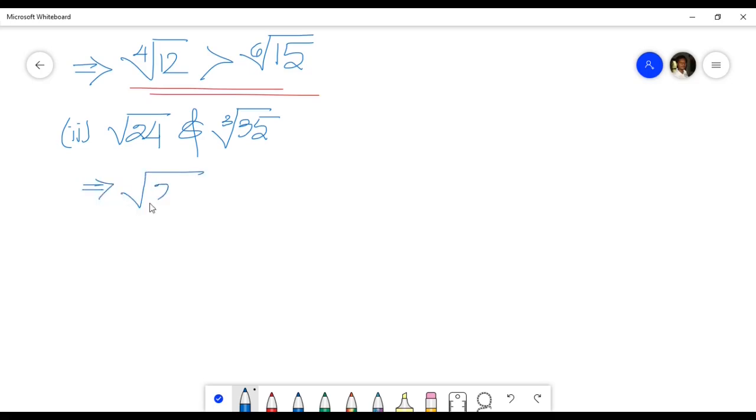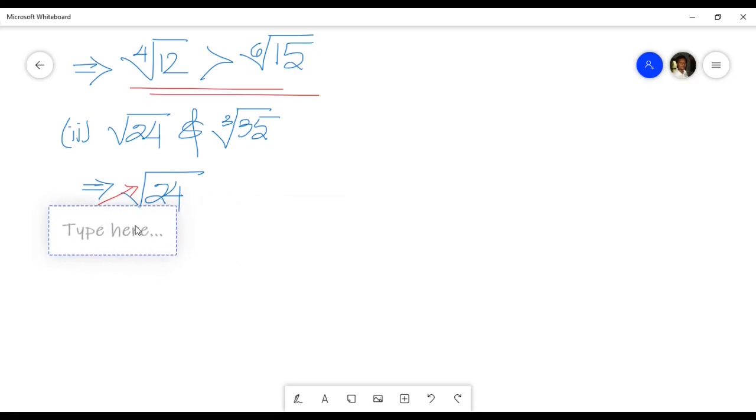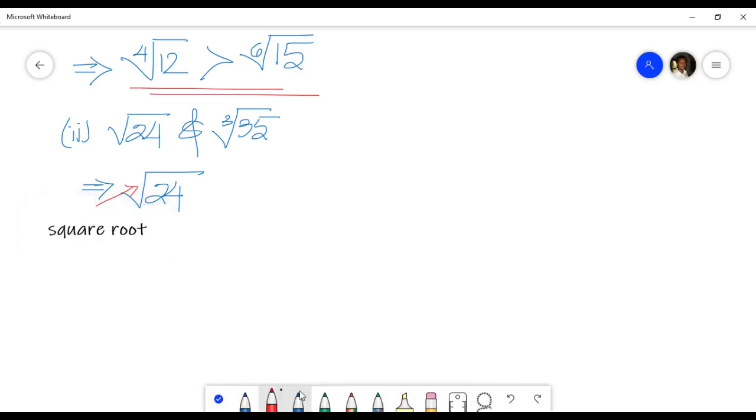Let's solve the first term. When there is no index mentioned, like I have told you, it refers to the square root. Okay, this is very important to keep in your mind.